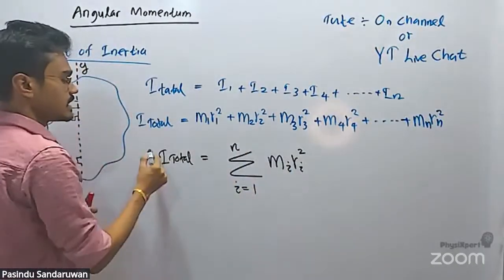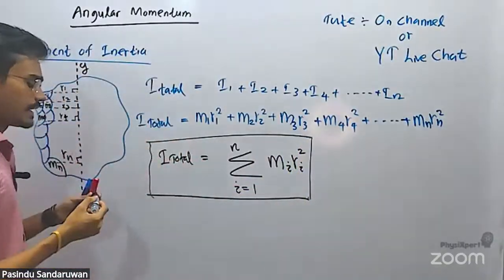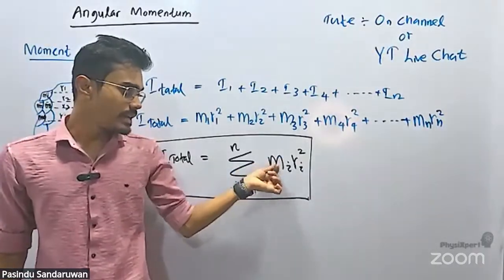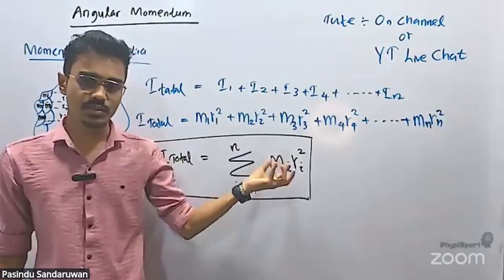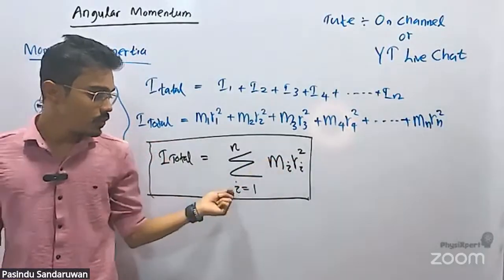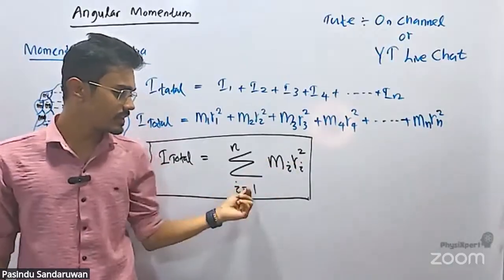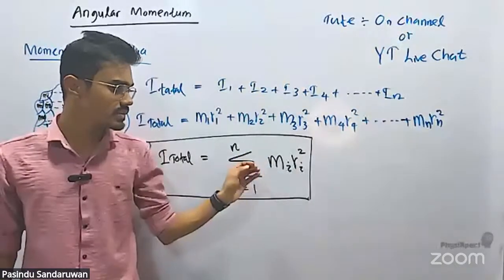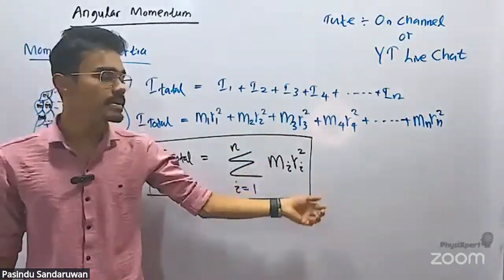The idea here is to take the addition of mi ri squared. When i varies from 1 to n, the first term is m1 r1 squared. When i equals 2, m2 r2 squared. When i equals 3, m3 r3 squared. And so it goes, and the last term is when i equals n, mn rn squared.